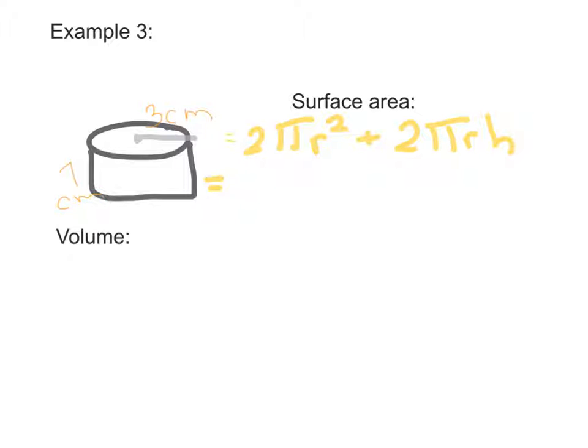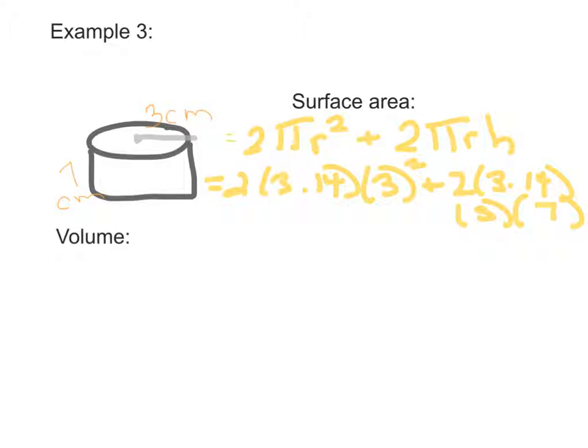Remember, we're going to use 3.14 for the value of pi. 2 times 3.14 times the radius of 3 squared plus 2 times 3.14 times the radius, which is 3, times the height, which is 7.